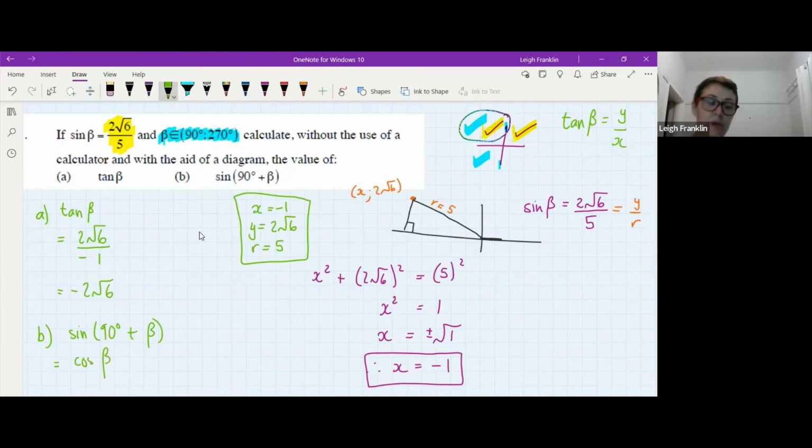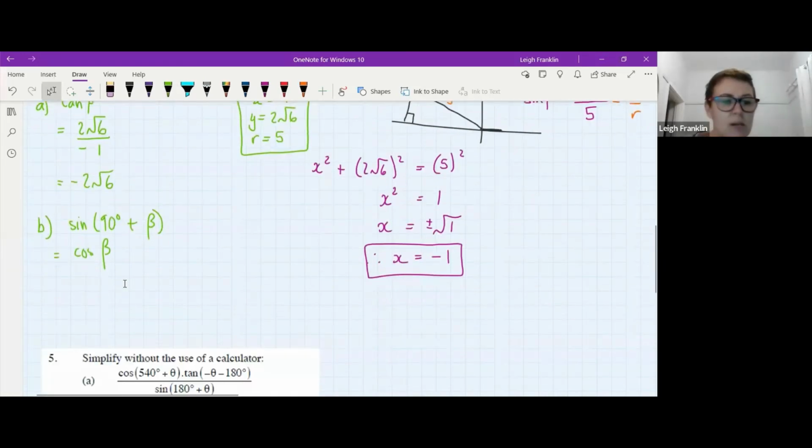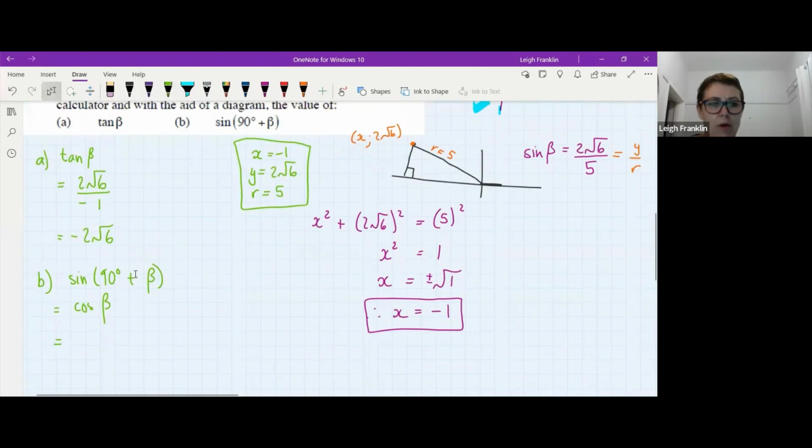So it's very important that when we use a reduction formula, we write what we get as a result of reducing. Now what's cos beta equal to in terms of this diagram? Adjacent over hypotenuse. So it's equal to x over r. Try and learn it in terms of x over r. So it's equal to negative 1 over 5.